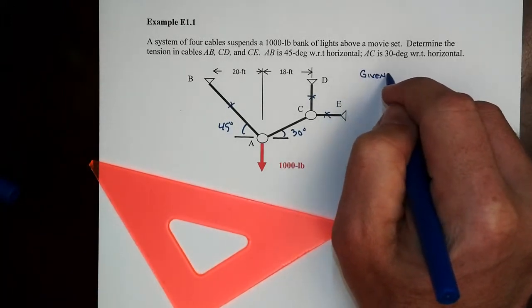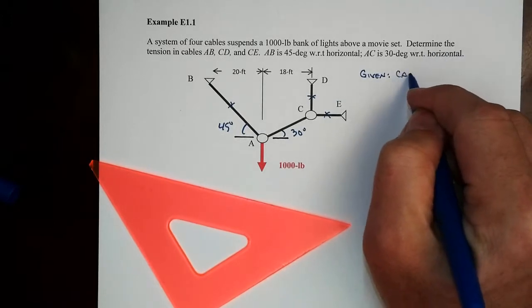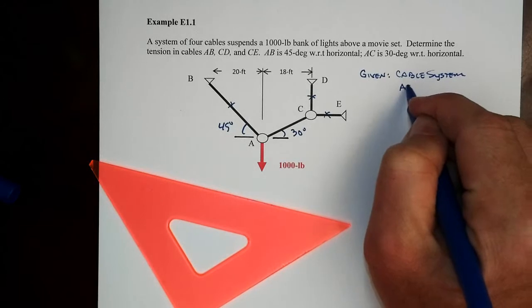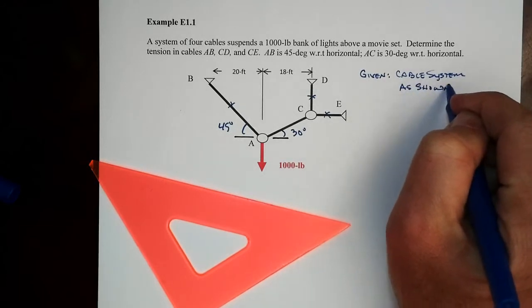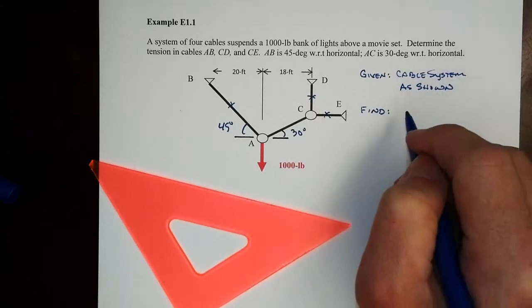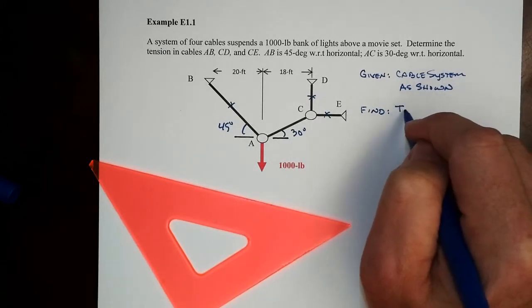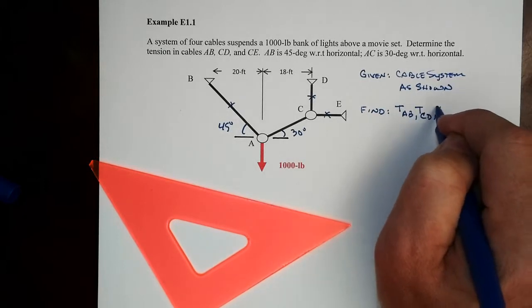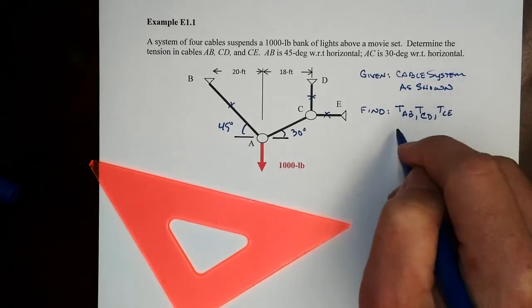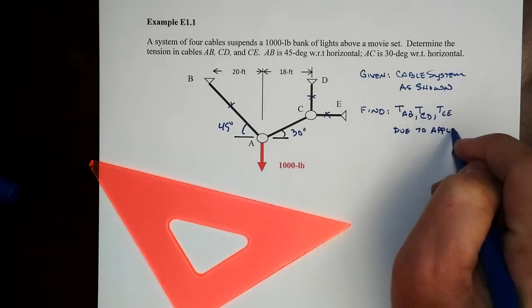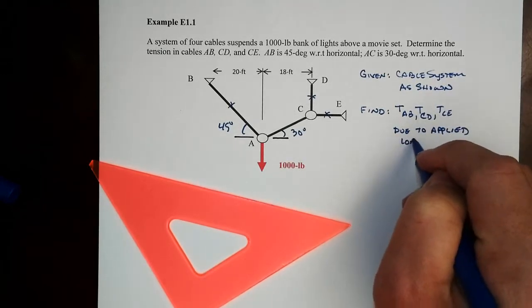Alright, so, given a cable system, as shown in this case, what we're going to find is the tension in AB, tension in CD, and tension in CE due to the applied load.